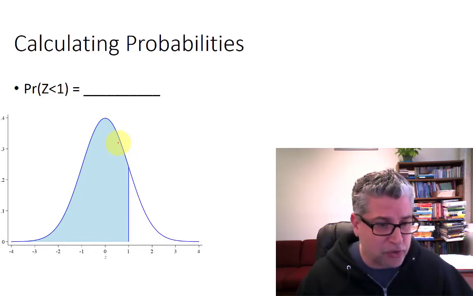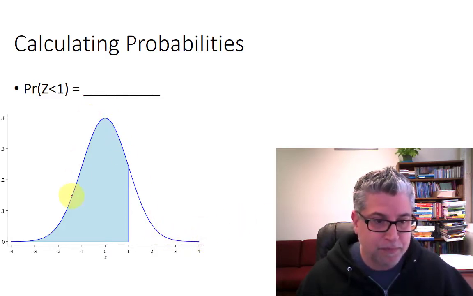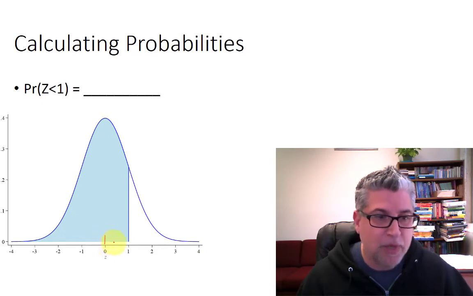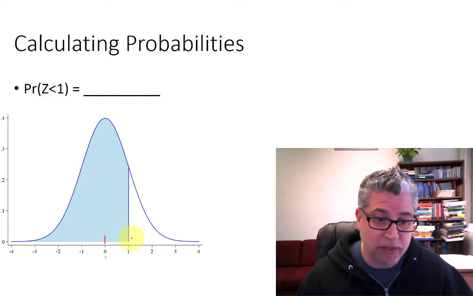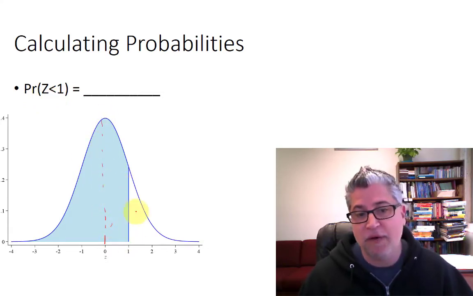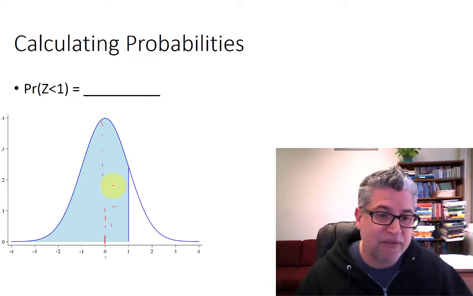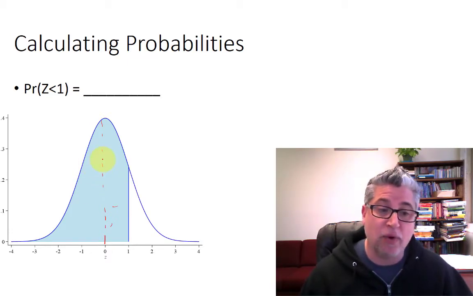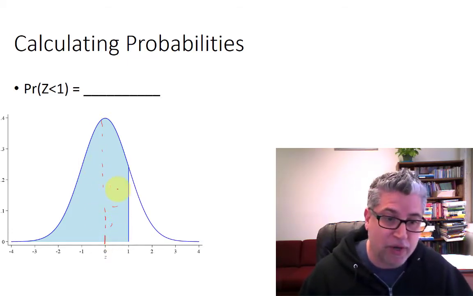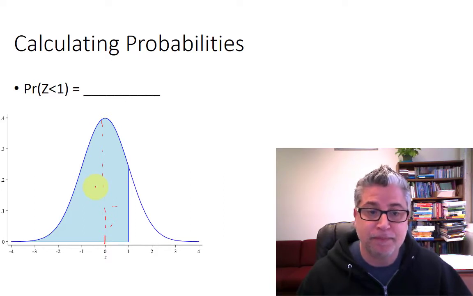So we start out with our drawing of our standard normal. We know that the mean is 0. If we're asked what's the probability that z is less than 1, I know that's something to the right of that peak. We're asking what's the probability that z is less than 1, so I shade everything to the left of 1, on this side of 1.